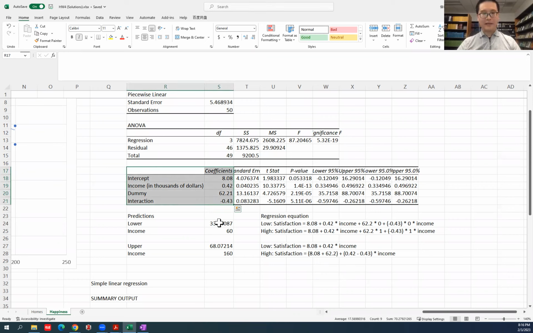Yeah, because in part E, we also need to interpret the model. So how did you plan to do so? Would one of you like to try? How to interpret a model with dummy and interaction terms?